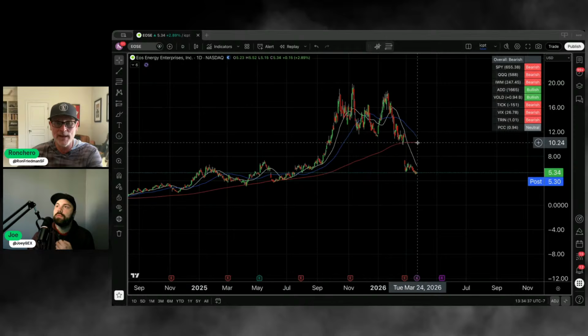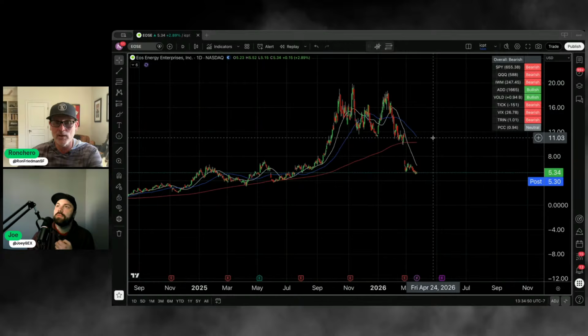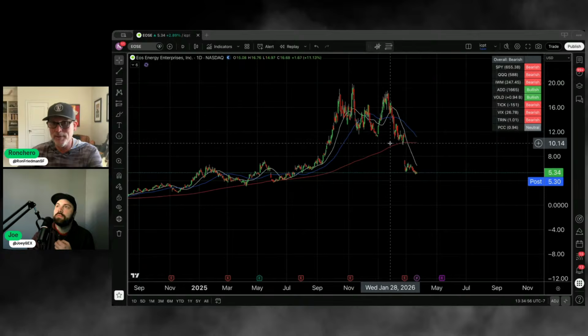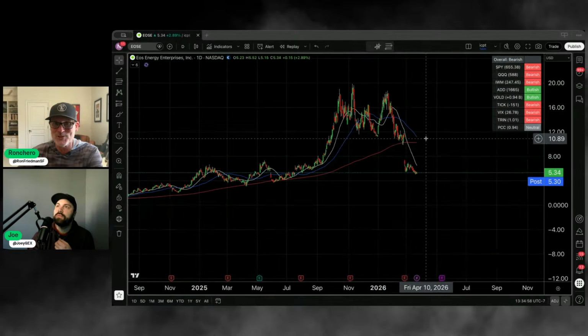The 200-day moving average is flattening, keeping price in check also. Same with the 50. Now, if the 50 crosses over the 200, which it looks like it wants to do, there's a term for it. They call it a death cross, and it signals that the stock is going to go lower, right? But it's already happened. So I don't know how good that is.